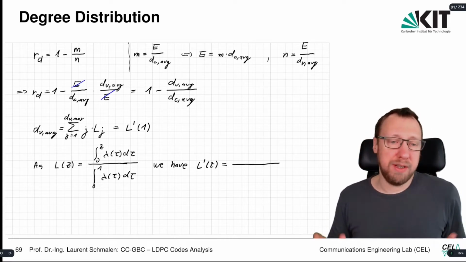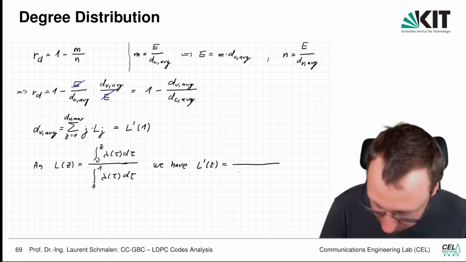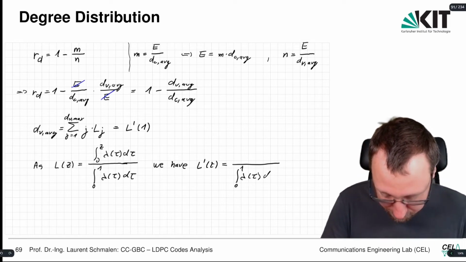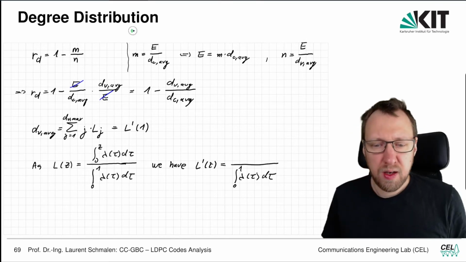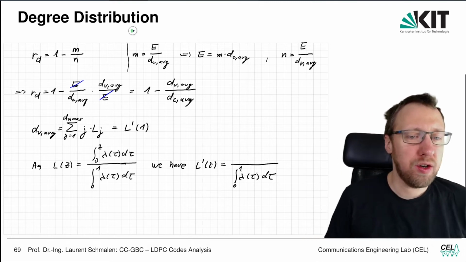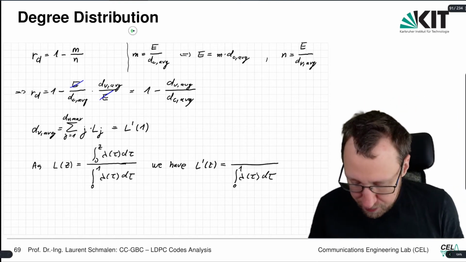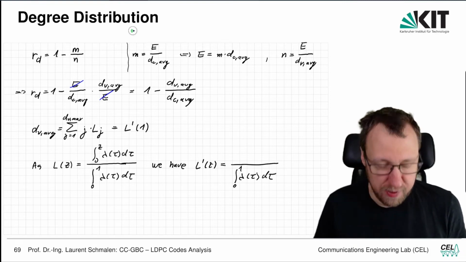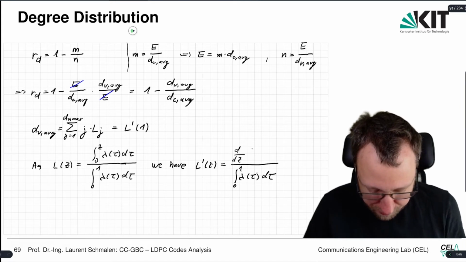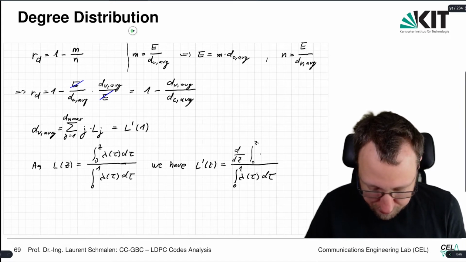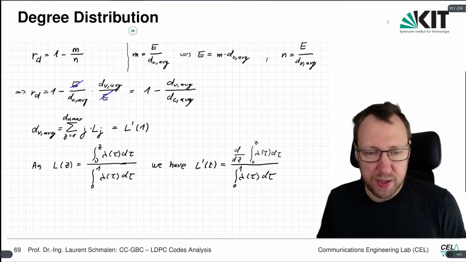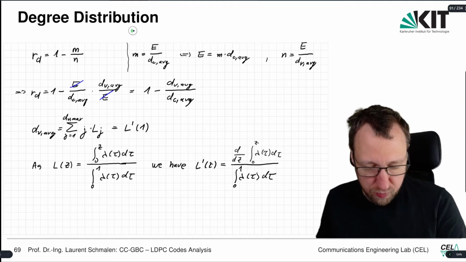The denominator is a constant, does not depend on z, so we can just write the denominator, the integral from 0 to 1 of lambda tau d tau. If we take a look at the numerator, in order to calculate it, we need to take the derivative with respect to z of the integral from 0 to z of lambda tau d tau. And in order to do this, we can use Leibniz integral rule.